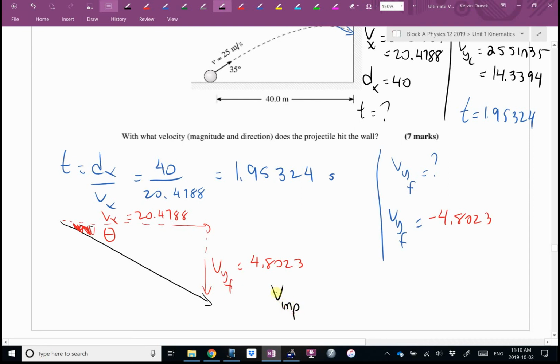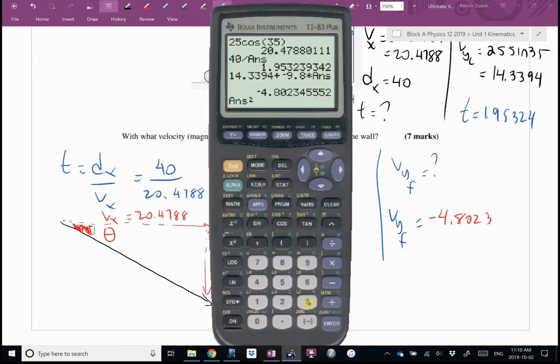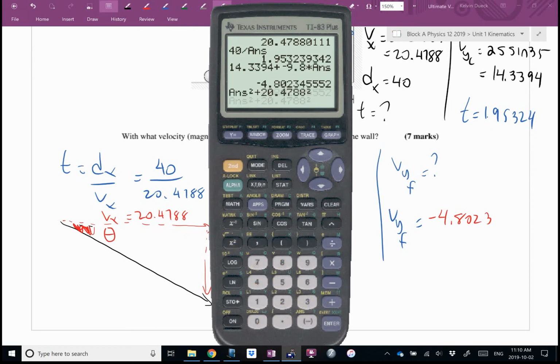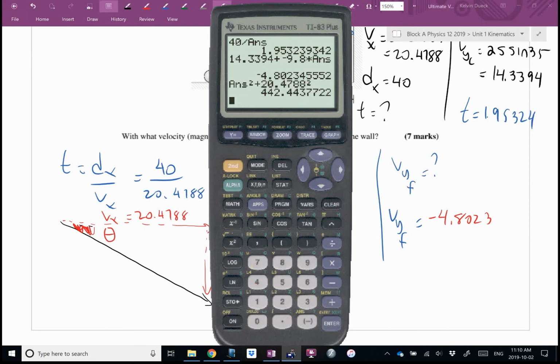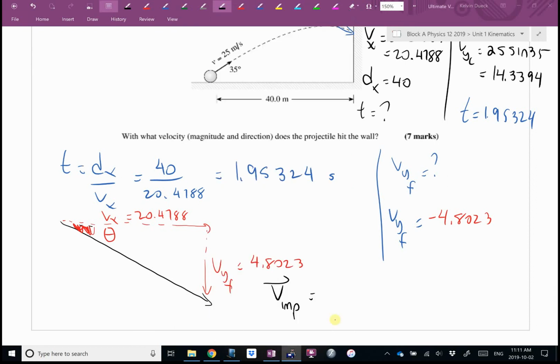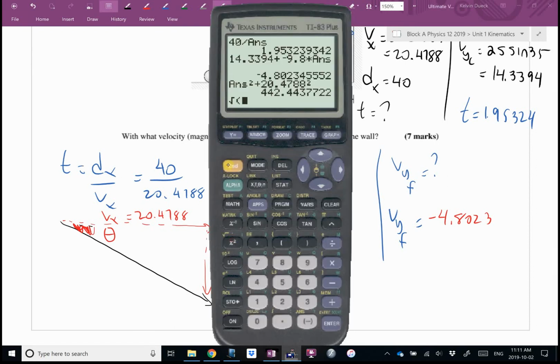I'll call it VIMP for impact. The magnitude is going to be this number squared plus 20.4788 squared. 442, I'll go to 3 sig figs. No, I forgot the square root. Sheesh! That seemed way too fast.